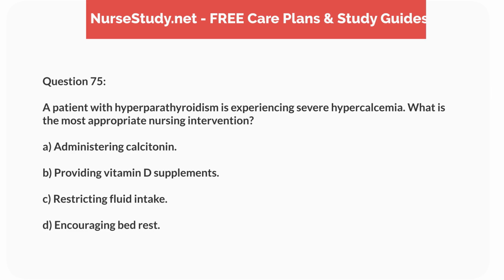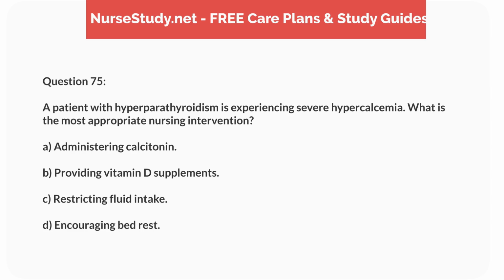Question 75. A patient with hyperparathyroidism is experiencing severe hypercalcemia. What is the most appropriate nursing intervention? A. Administering calcitonin. B. Providing vitamin D supplements. C. Restricting fluid intake.